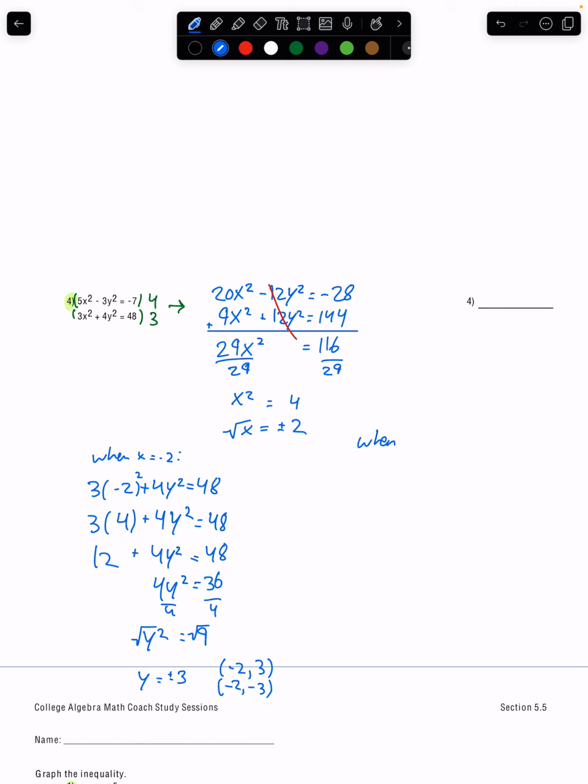Then we need to test when x is 2. When it's squared, it's 4. Gives us 12.